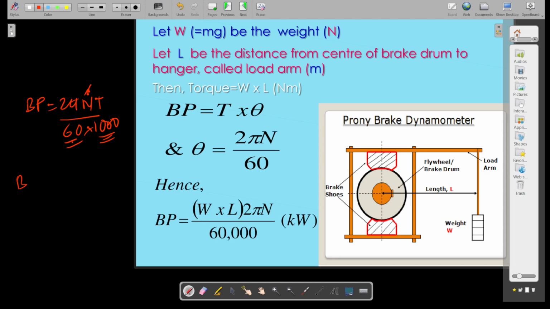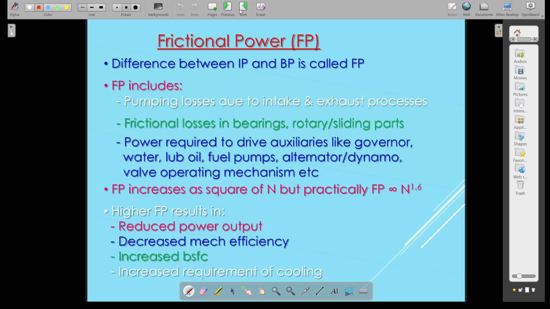So brake power is 2 pi N times the torque, and the torque here is load into length, W into L, divided by 60 into 1000. Earlier it was W minus S times (D plus d) by 2; here it is the length, for the Prony brake type of dynamometer.